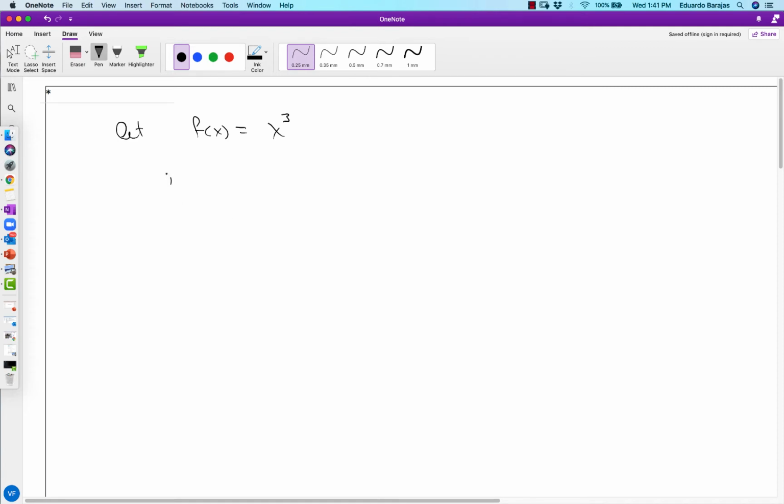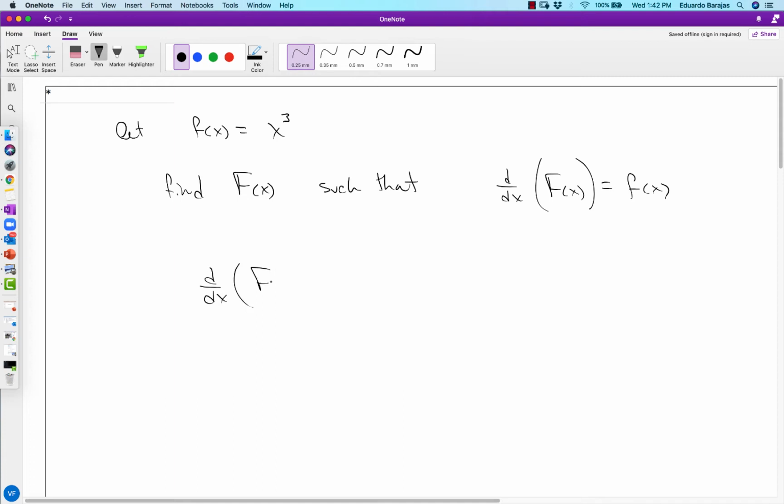So we want to find capital F of x such that when we take the derivative with respect to x of this function, capital F of x, the answer is going to be equal to lowercase f of x, right? So we want to figure out a function such that its derivative with respect to x of capital F of x is going to be equal to x to the power of 3.